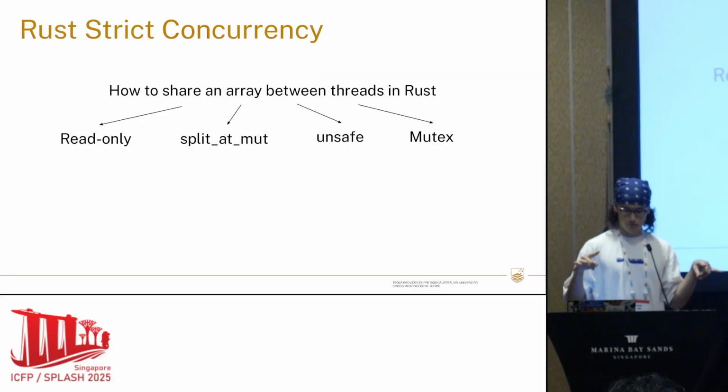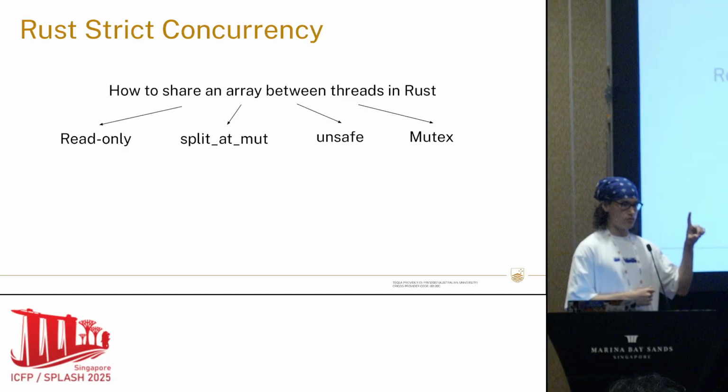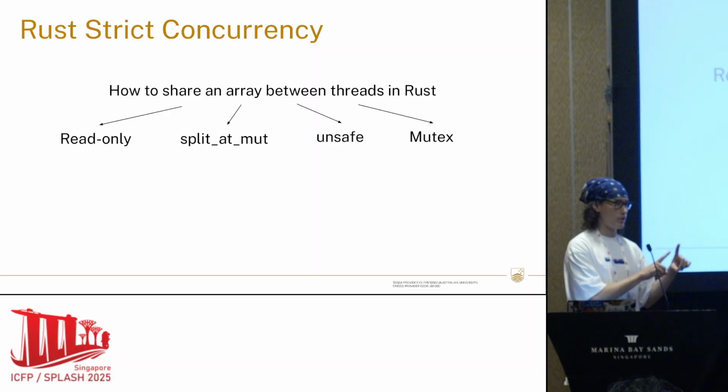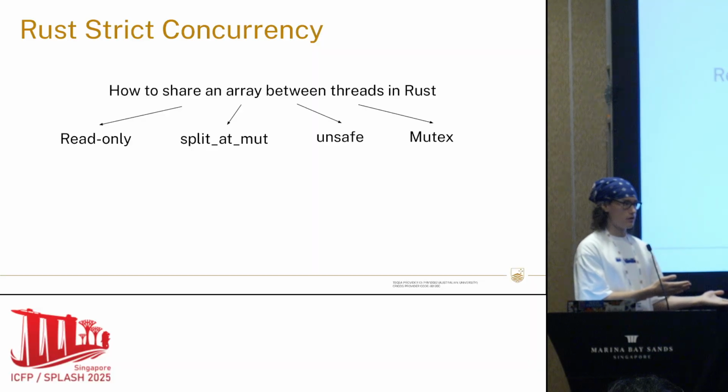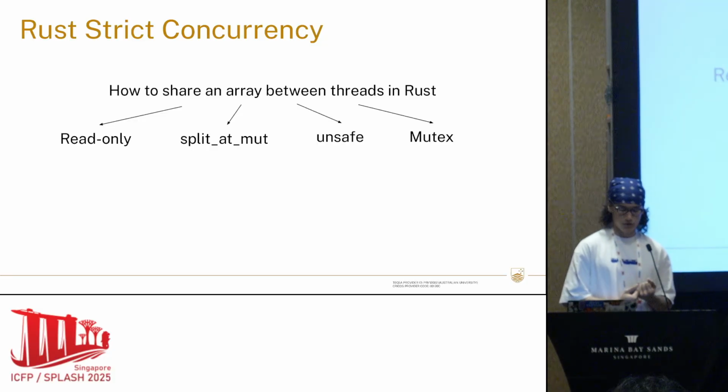This is also safe. Or you can use unsafe Rust, which temporarily switches off borrow checking for a specific code section of your program. But there you're on your own, okay? It's like C. Or the last option, of course, is a mutex. Maybe there are other options, but the last on this slide is mutex. But in this case, you lose concurrency, you lose parallelism.